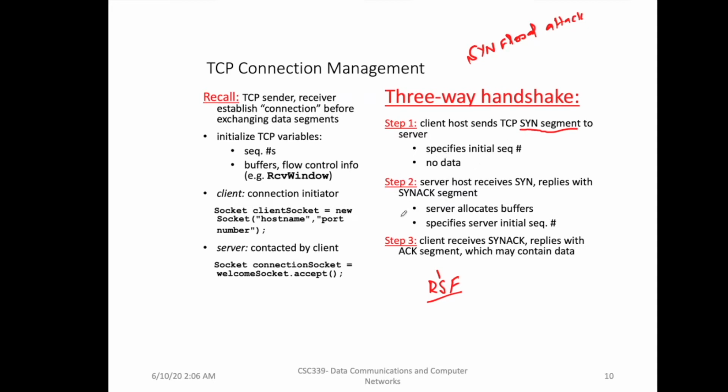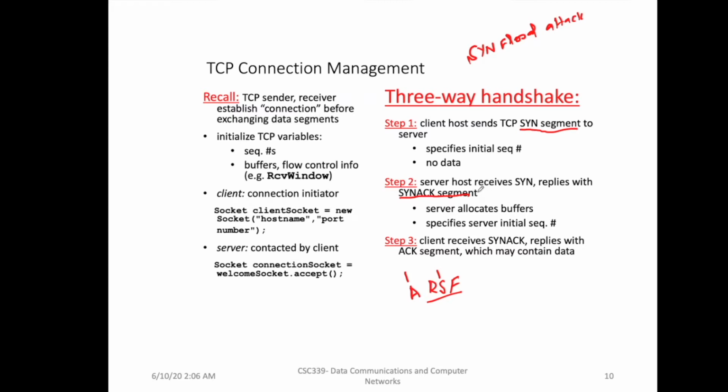This special SYN segment is acknowledged by a SYN ACK segment, right? This segment is generated by the server by setting the SYN flag. And if you remember, there was another flag known as the acknowledgement flag. So it not only sets the SYN flag, but it also sets the acknowledgement flag.